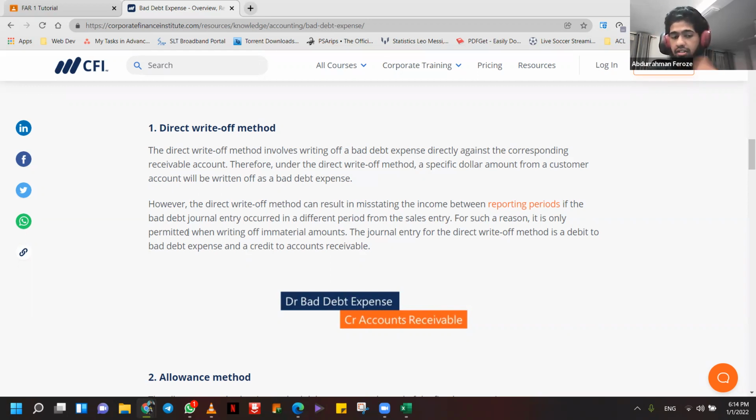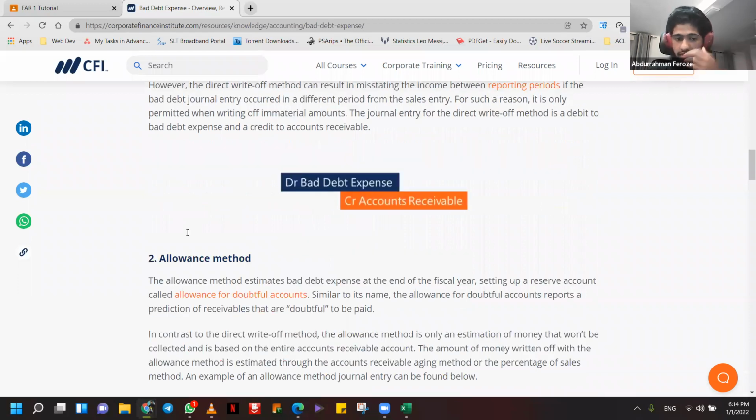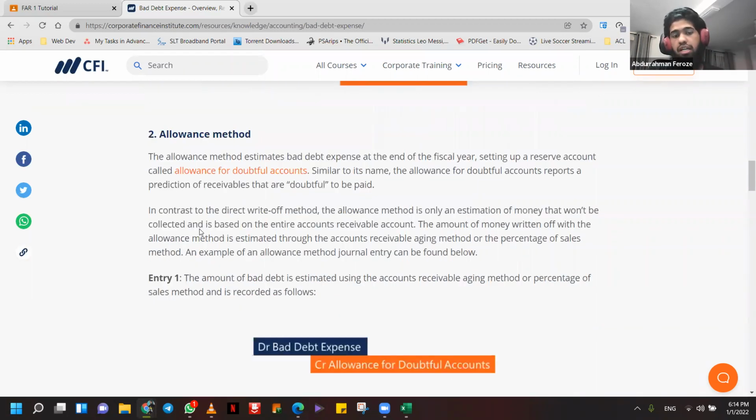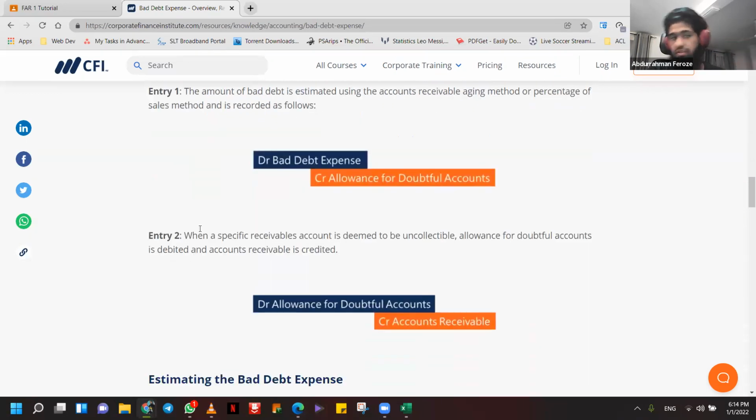So the method that is generally used is the allowance method, and this is what we'll be doing our example with today. I'll be explaining it, and then we'll do our example according to this method. I'm pretty sure your professor also would have explained the allowance method to you, and not the first, because that's really not used.